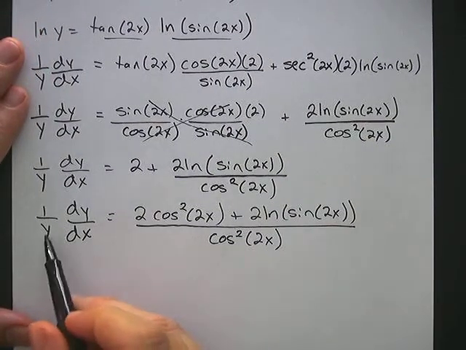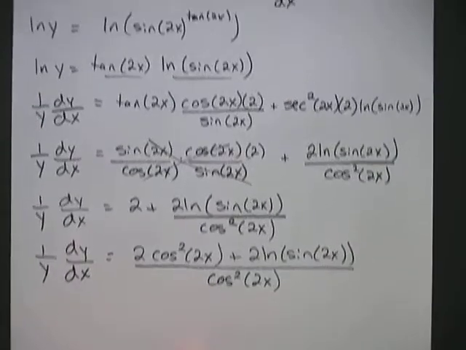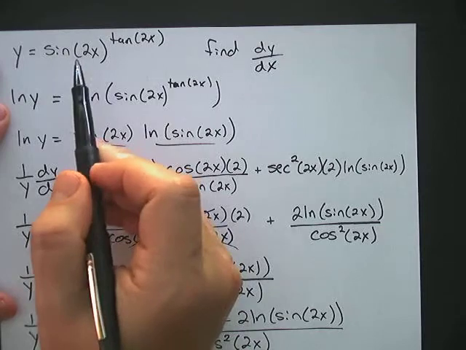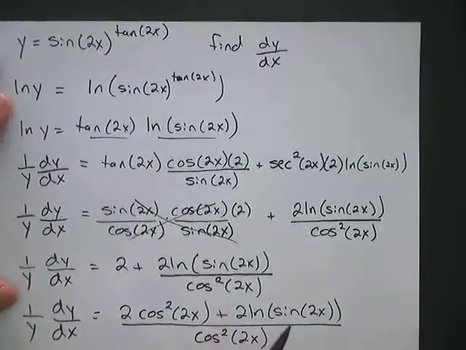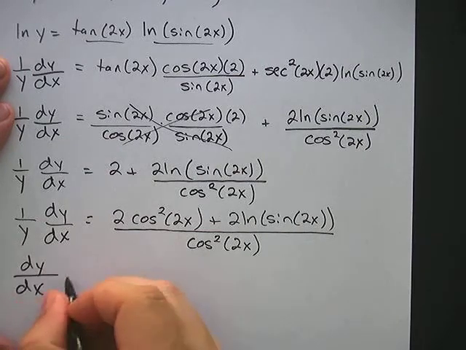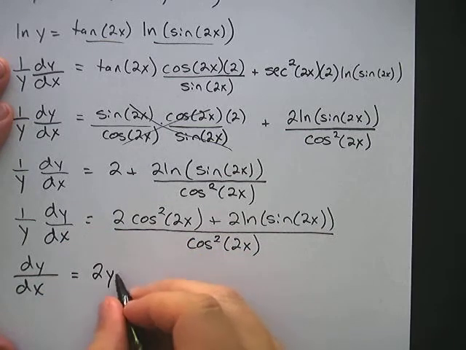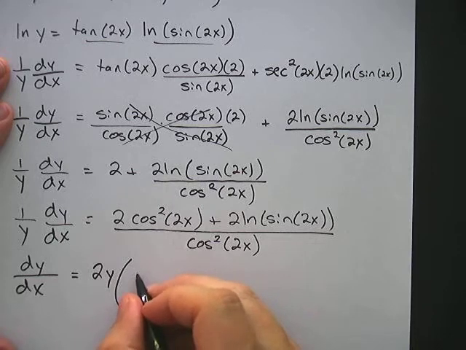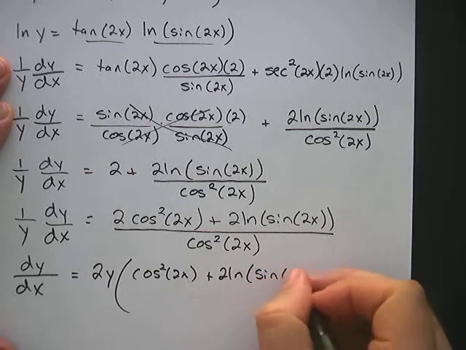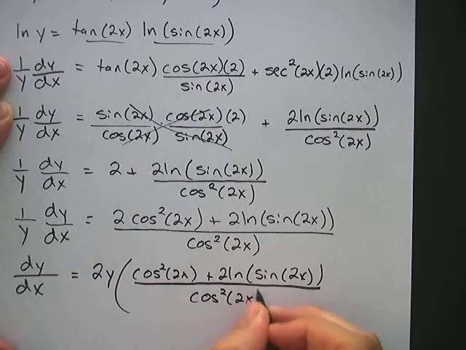Now let's take care of the y. The 1 over y doesn't need to be there. We really just want the dy dx. So we have to go back up to the original equation and look at what y is equal to, and substitute the y for this. We'll multiply the y over first. So dy dx equals, let's also factor out the 2, so 2 times y, and then a big parentheses here, cosine squared 2x plus 2 ln of sine 2x, all over cosine squared of 2x.